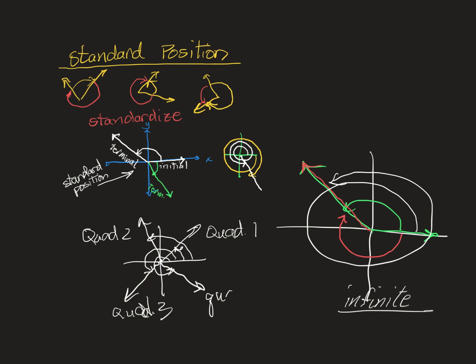And of course, you can rotate to those angles going in the negative direction as well. So you can have negative angles in quadrants 1, 2, 3, and 4. These are sometimes called quadrantal angles. Weird word. I've not ever really used it very much, but I do know how to find every angle in each quadrant. And so that's really important to be able to do. Okay?